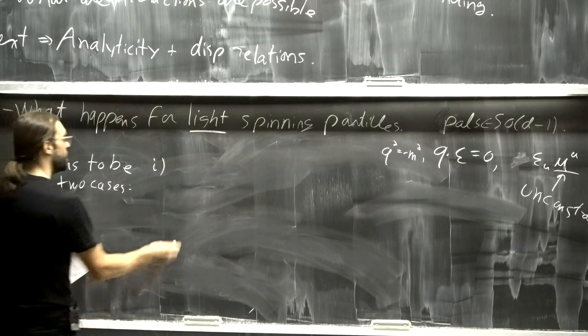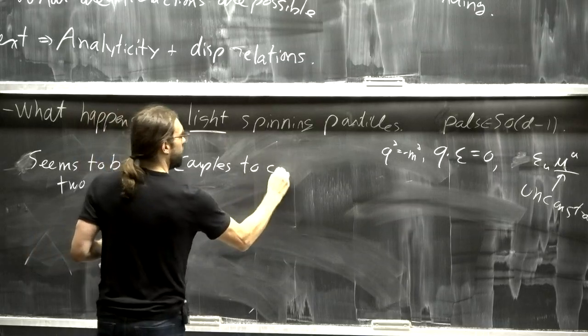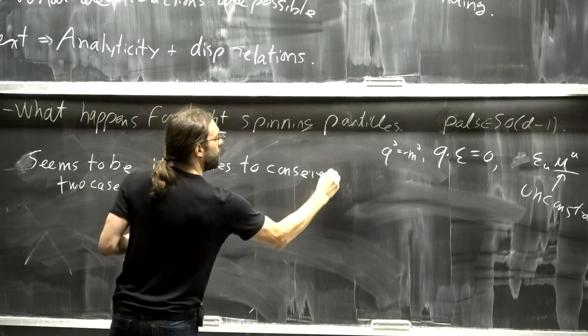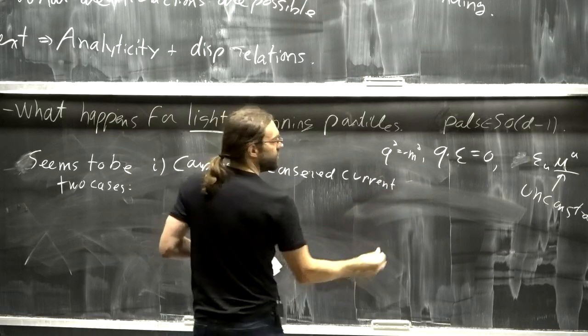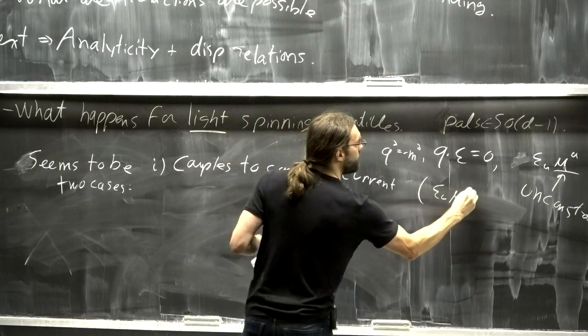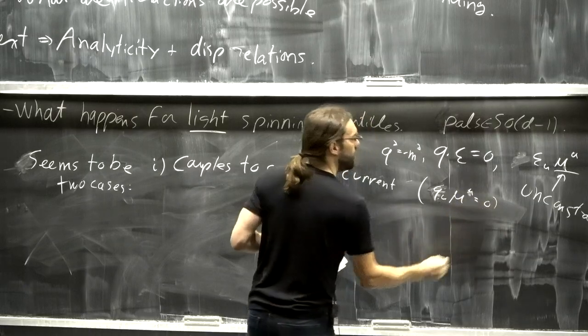The first case is that it couples to a conserved current, which basically means that epsilon_mu q^mu equals 0.